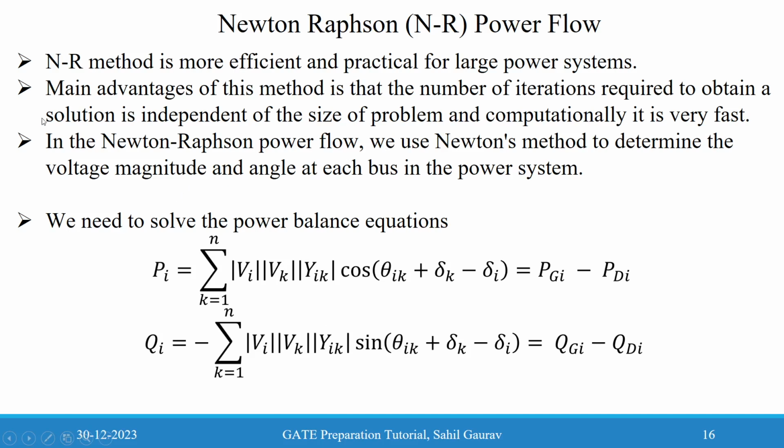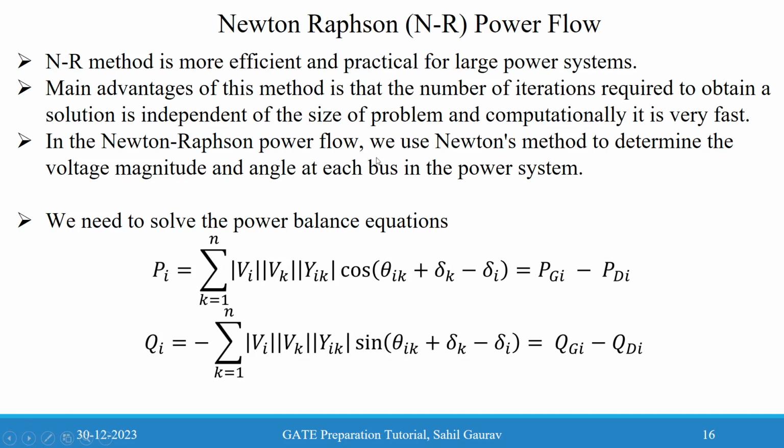That is one of the major advantages of the Newton-Raphson method: the number of iterations does not depend upon the size of the system, and it is also computationally very fast.